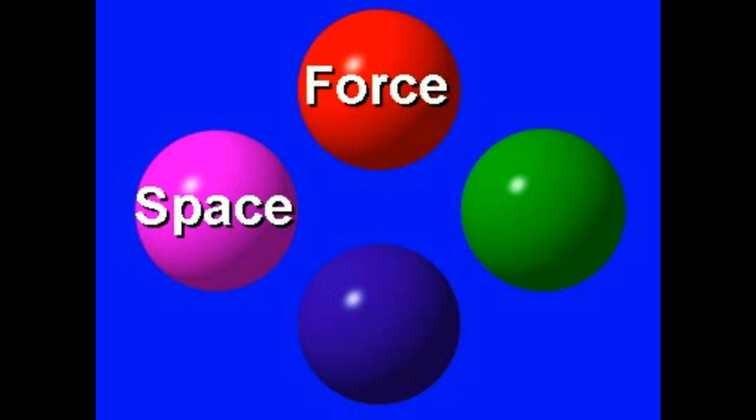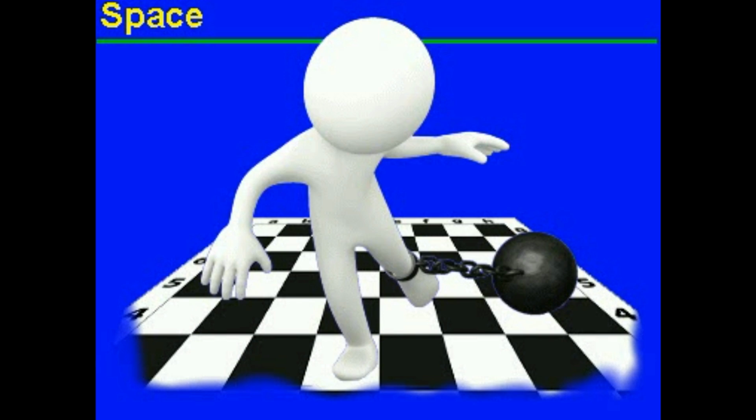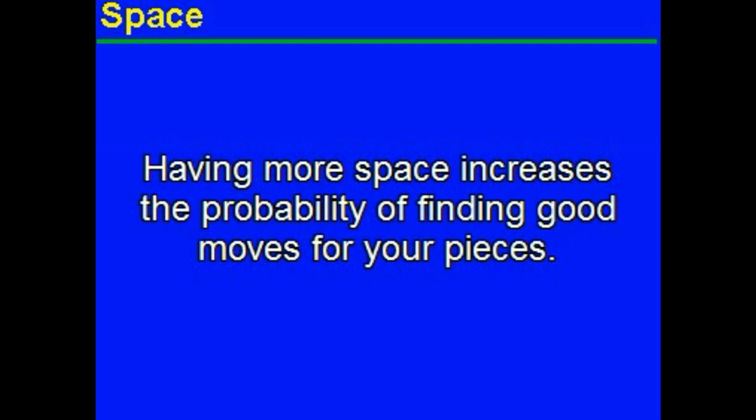Space. Simply put, the element of space refers to the freedom of movement and the amount of available squares your pieces have. The freer your pieces are to move, the greater the likelihood that you will find better ways to use them. On the flip side, you should also strive to inhibit your opponent's pieces whenever possible. Just like with the element of force, having more space increases the probability you will find something to do with your pieces.